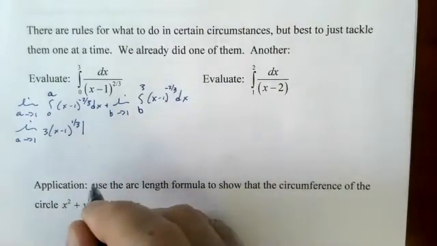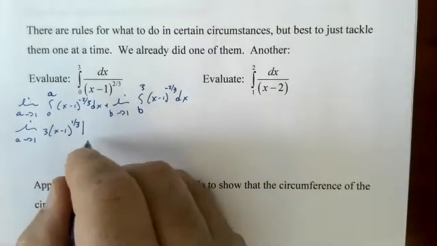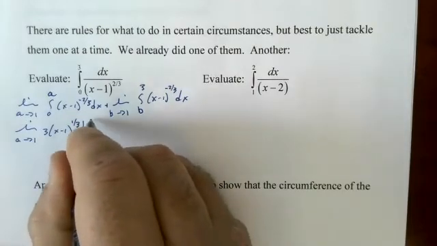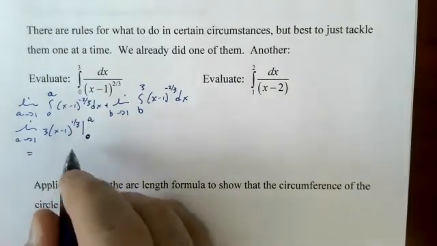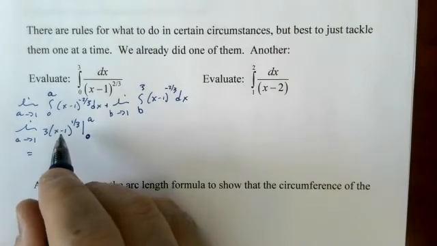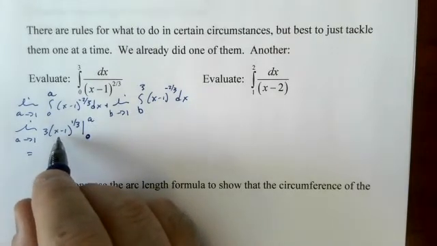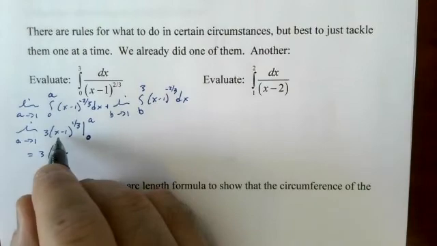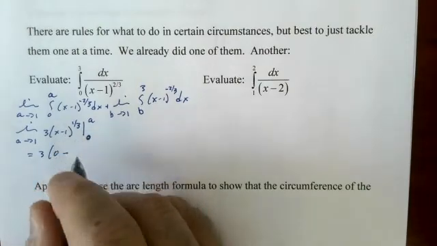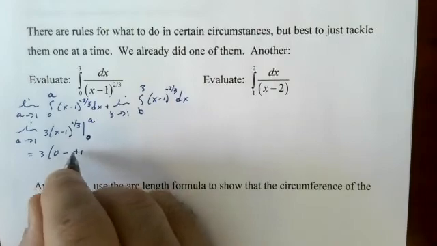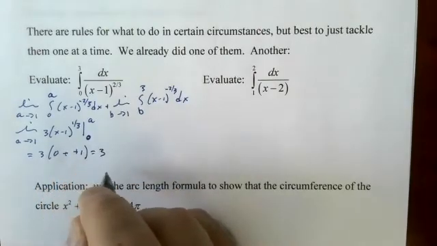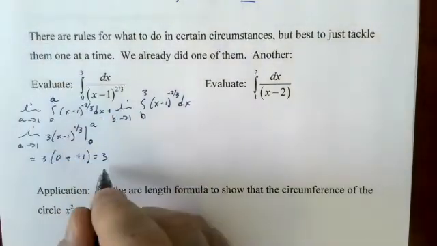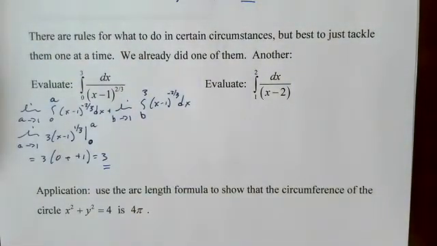Evaluate from 0 to a, which is 0 minus, plug in 0, we get negative 1, so 3 times negative 1 is negative 3. That's the left part.